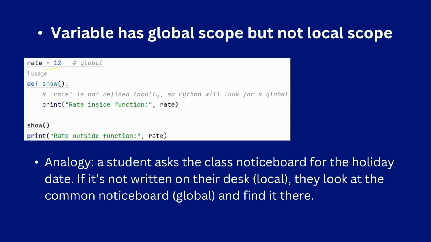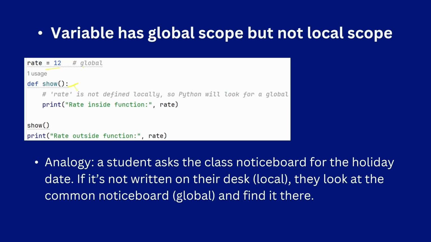First it will check inside this function show, and see whether the variable rate is present or not. If it is not present, that means it does not have local scope, so it will check outside. Since this is not a nested function, there is no enclosing scope to check. So then it will check globally. We find it globally, so it does not give any error, and we see that rate has value 12, because it's a global variable.